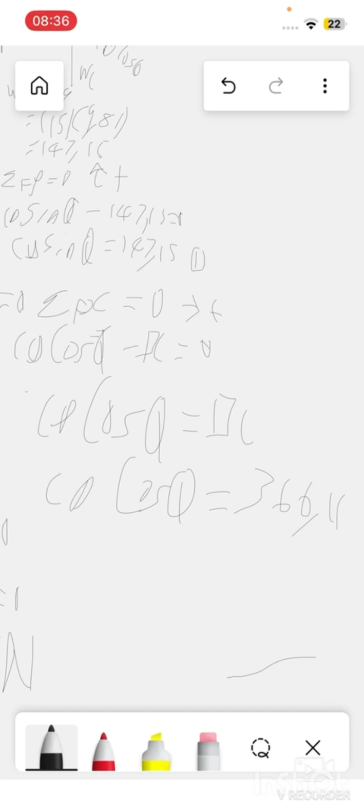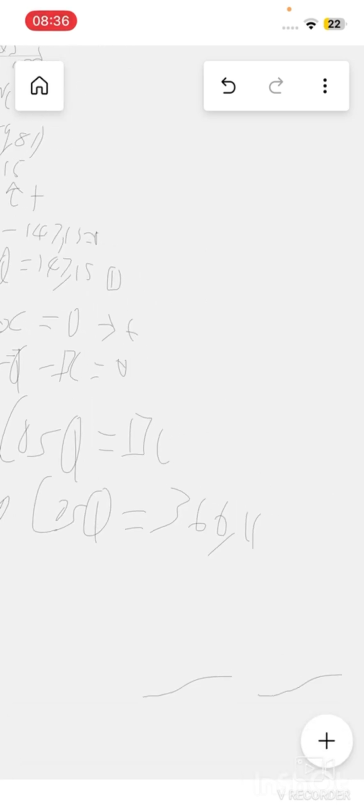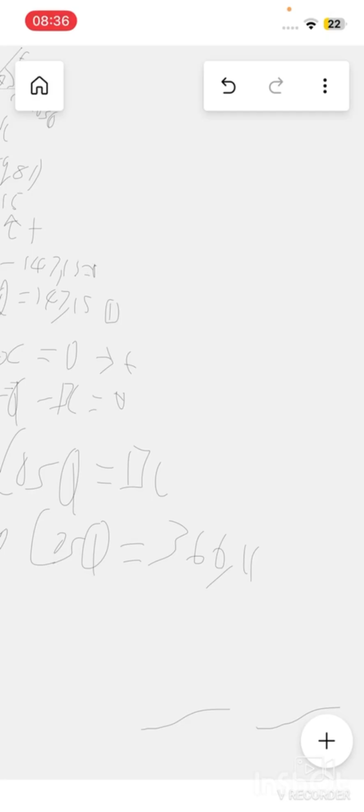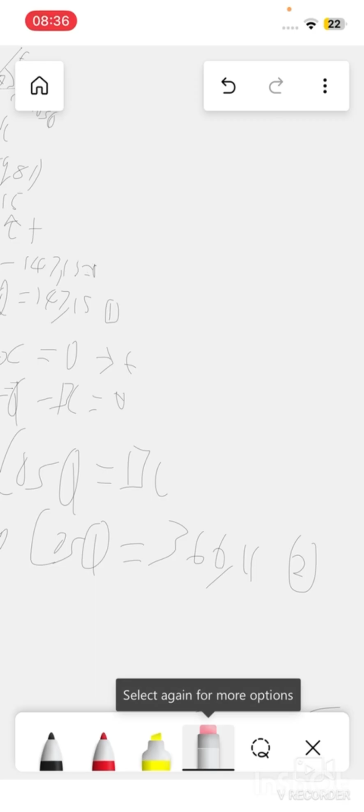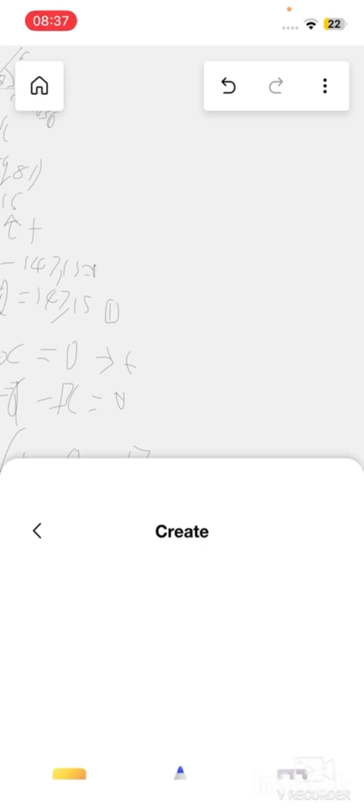We know it's Newton. We're going to call this equation 2. Okay, this is going to be our equation 2.